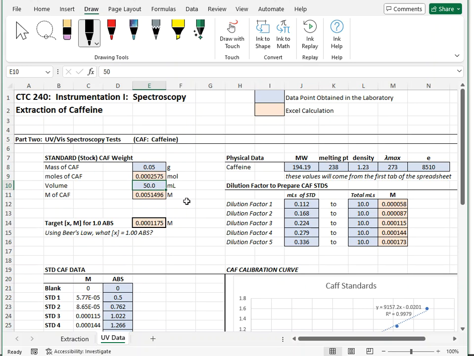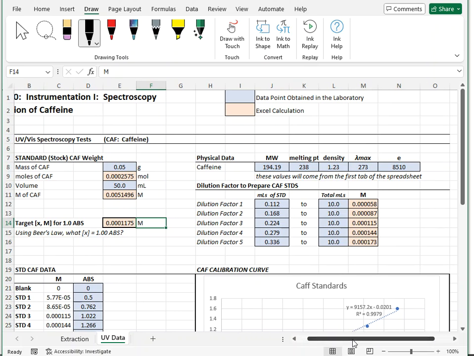How did you dilute it? This person decided to dilute it in 50 mils. What was the concentration in terms of molarity? And then what was that target concentration if you were using something like a 1 absorbance or 1.5 absorbance or a 0.5 absorbance, whatever the case is? Again, that's on you. Again, I would recommend 1 absorbance because it's the easiest.